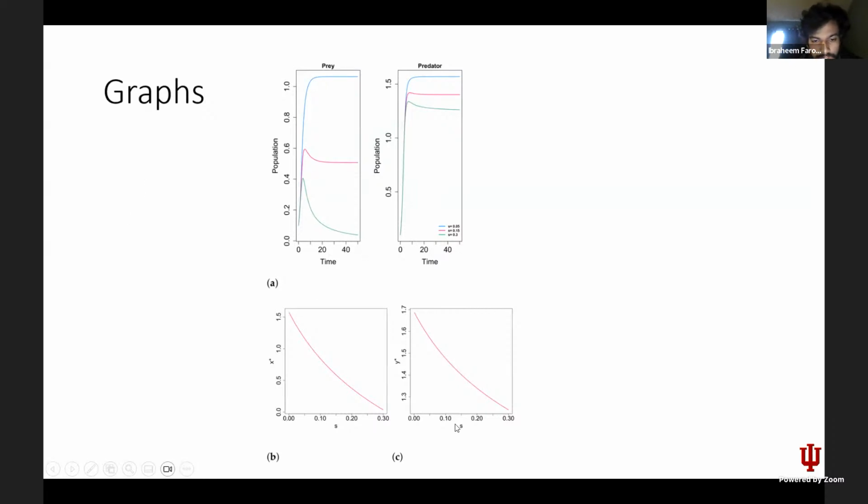And then here we have the plot of different values of the S parameter, and the steady state value of the population of the prey and the population of the predator. We see that the more fearful they are, the less success both have in general. Although, as we can see in the top graph, the predators have more success than the prey.